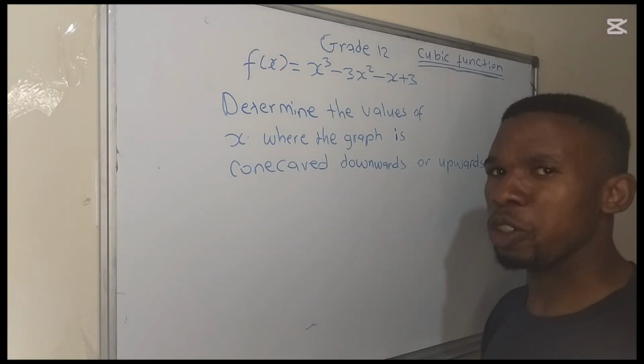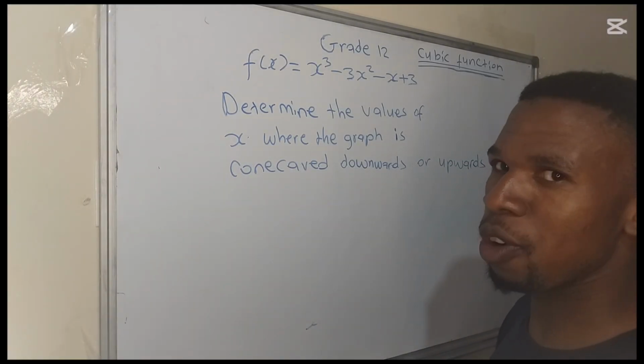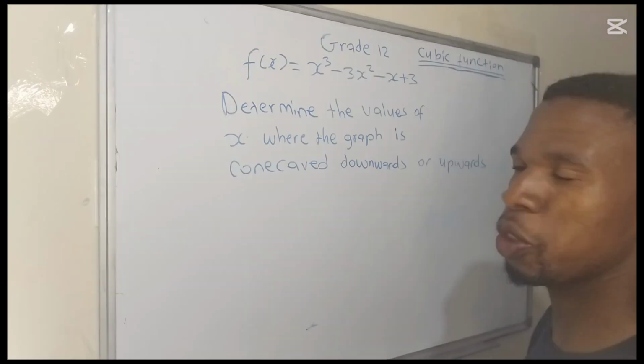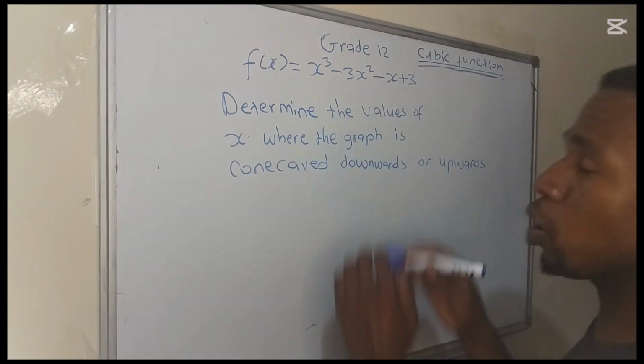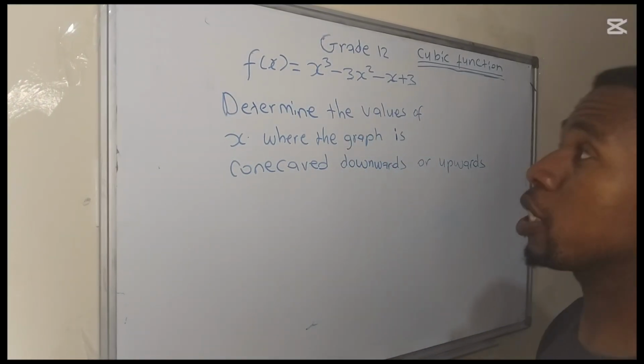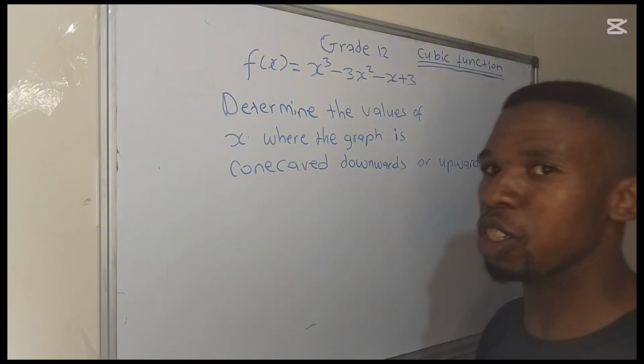On the point of inflection, we have two coordinates, but our focus is going to be on the x coordinate of the point of inflection. So let's derive this equation twice, because in order to find the point of inflection, you just need to derive the original equation of the cubic function twice.